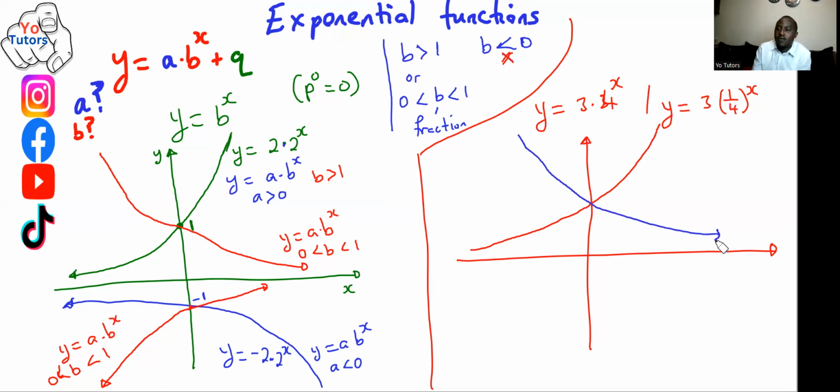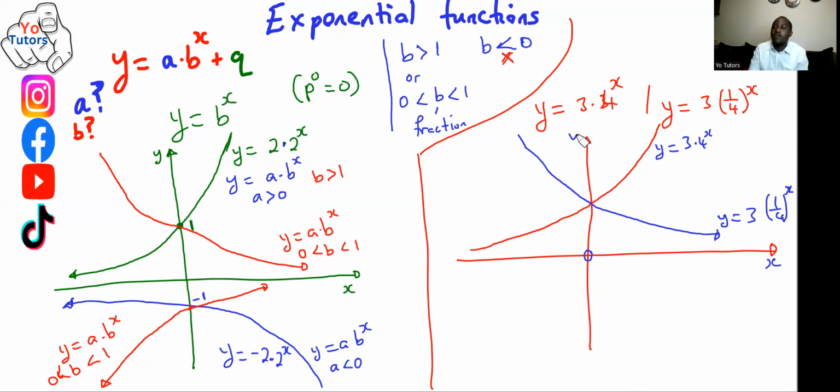That's what is happening here. So this one here is y equals 3 times 4^x, and this one is y equals 3 times (1 over 4)^x, like that. So if it's a fraction, it's a reflection along the y-axis.